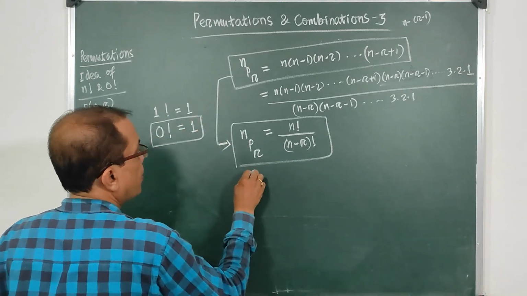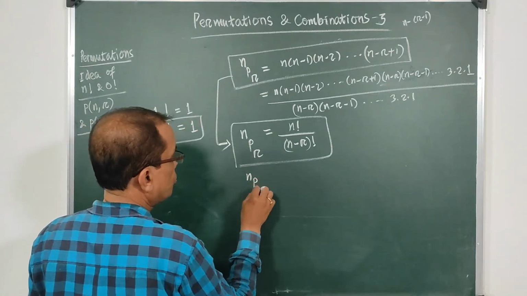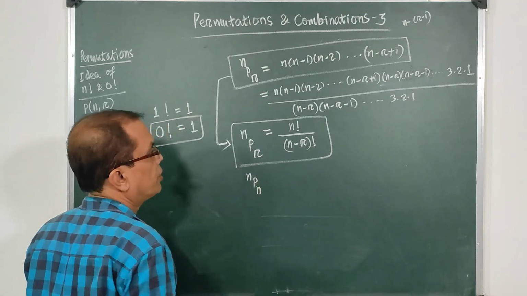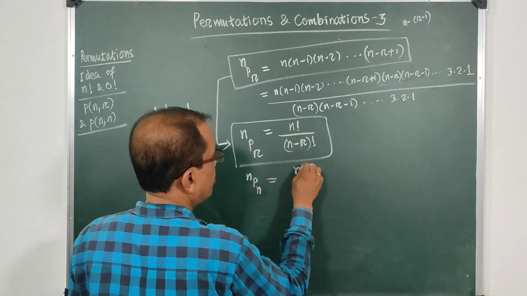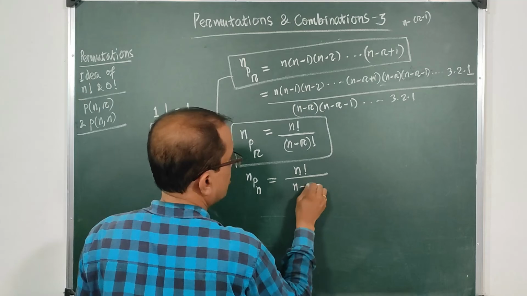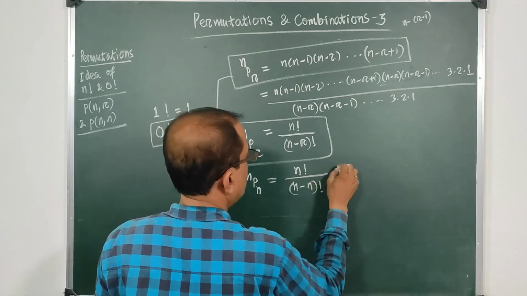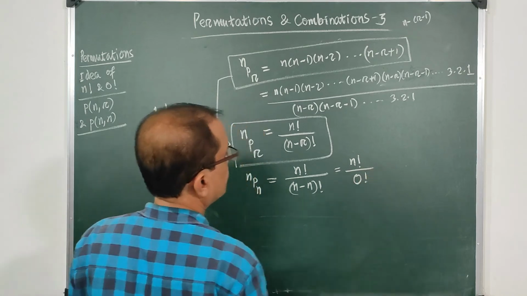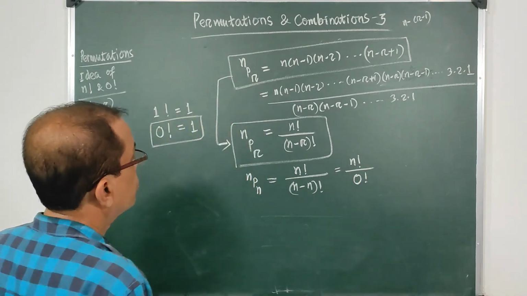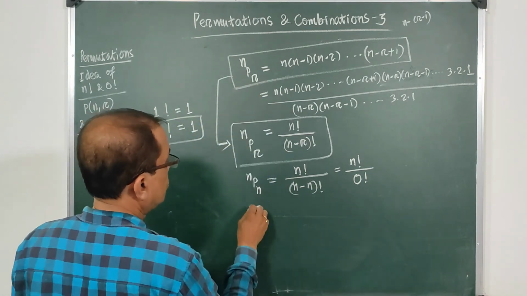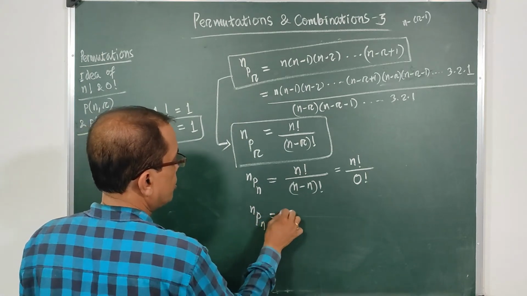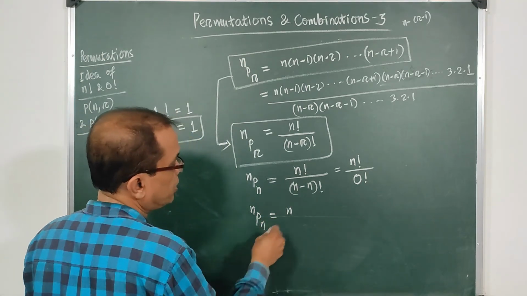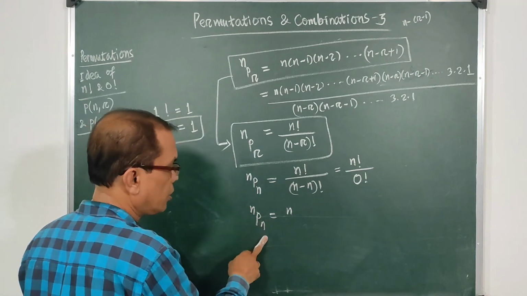Now you see, when I use NPN in this formula, it will be n factorial divided by n minus n factorial, which is equal to n factorial by 0 factorial. And you also know that in this structure NPN is product of n consecutive things, taking out of n things we are taking all at a time.